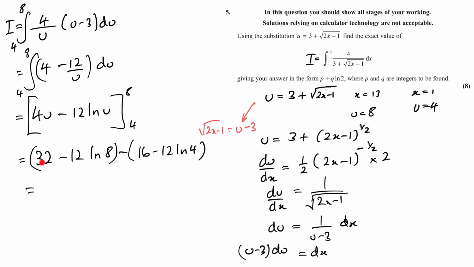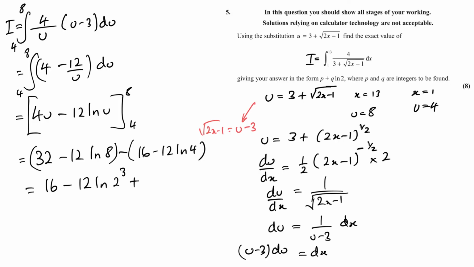Now, 32 minus 16 is obviously 16, minus 12 ln, and I'm going to swap the 8 for 2 cubed, because in the question it's ln 2, and 8 and 4 both come from 2, so it makes sense.